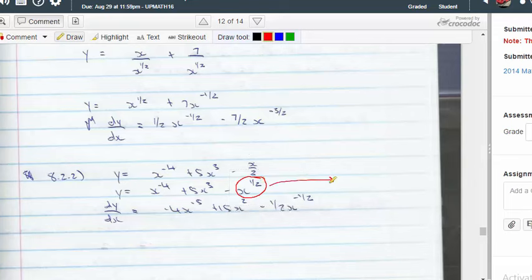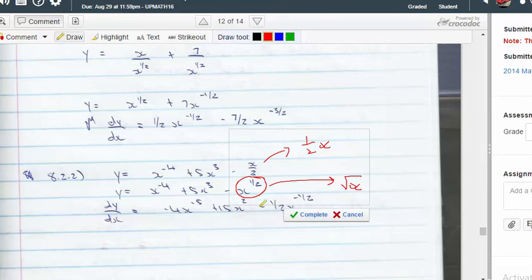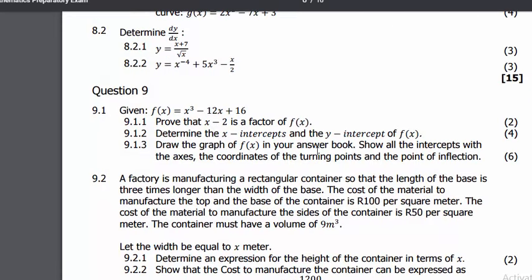This means it's the square root of x. This is just equal to a half x. Okay, so that's a common mistake. But the rest is perfectly fine. Just multiply the exponent to the front, subtract 1, etc. Okay, good, we can move on.